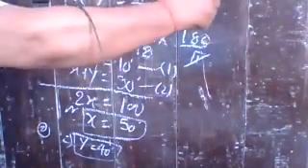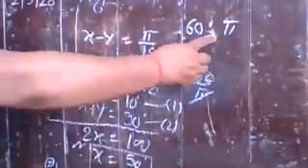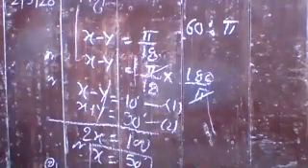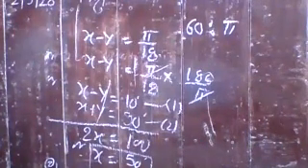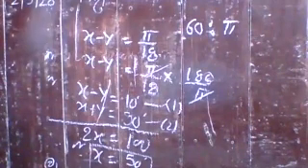That is given. Note it: 60 is to pi. Find the angles in degrees and radians.